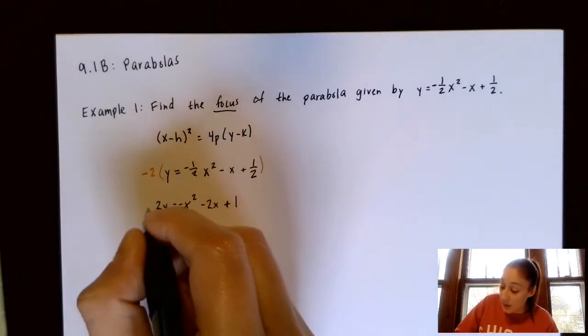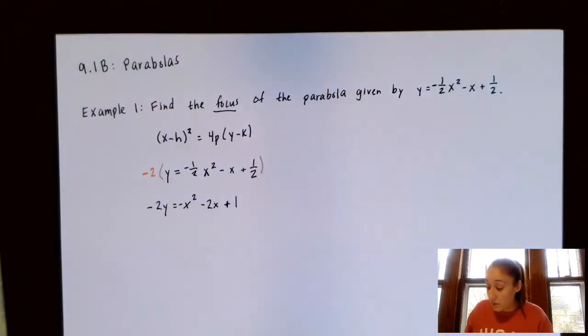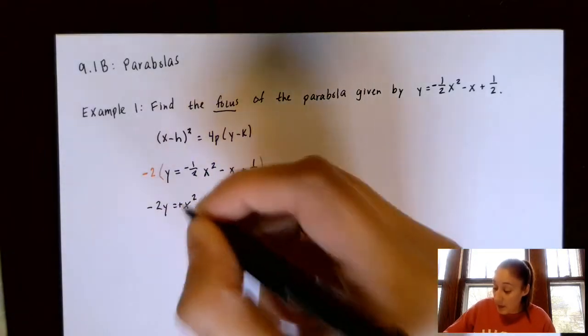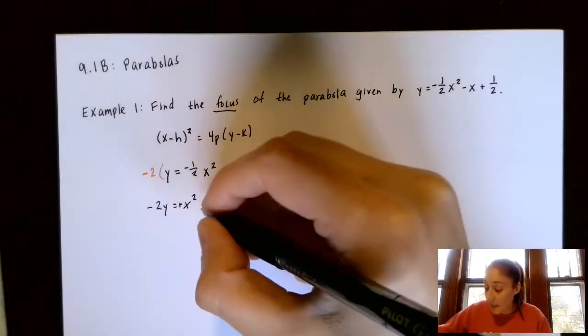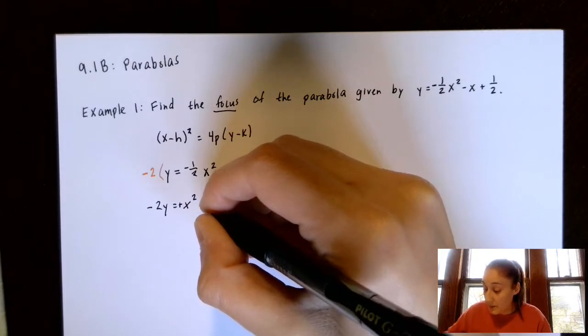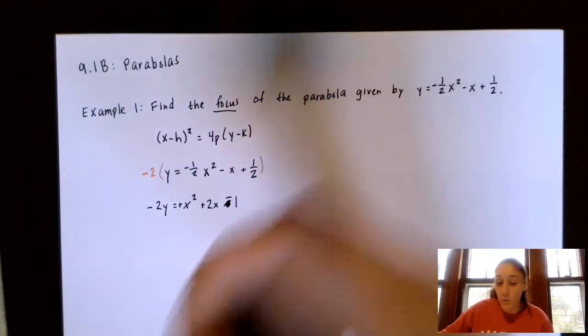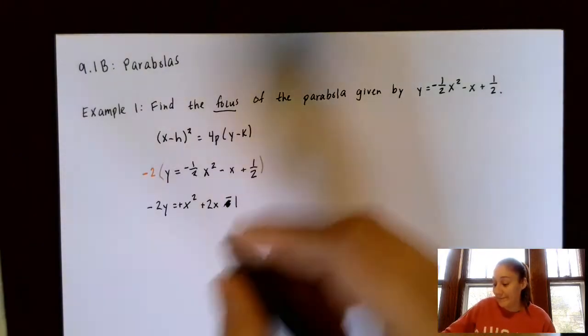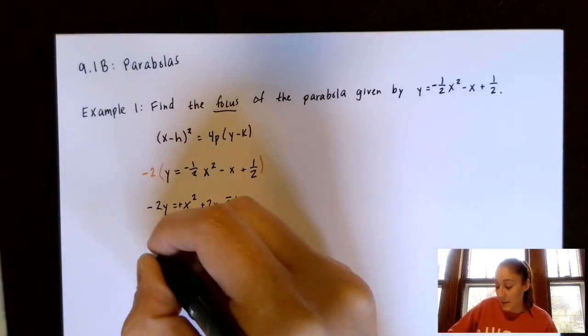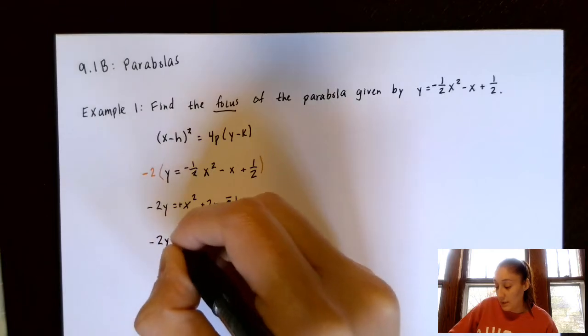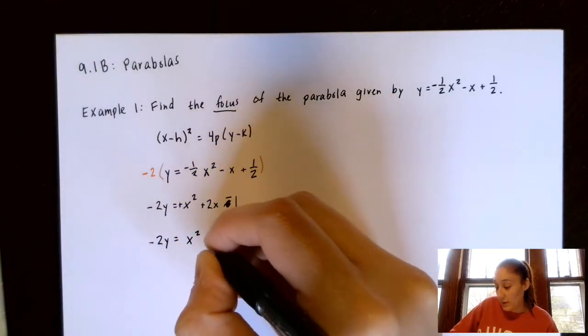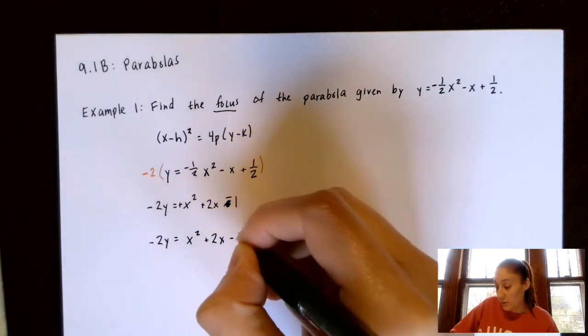When I distribute that negative 2, I'm going to get a negative 2y, a positive x squared, a positive 2x, and then a negative 1. This is why we use pencil. Alright, so let me just rewrite that. Negative 2y equals x squared plus 2x minus 1.